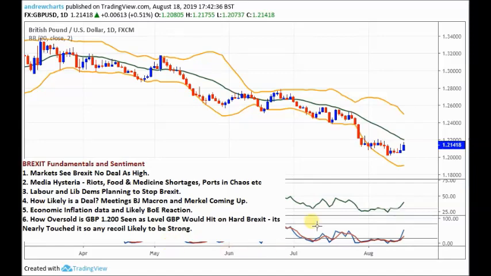Now, in terms of the chart, what we know is when we fell through 124, speculators sold heavily here. They also sold heavily here. We can see that from the COT net traders positions, which show speculators having a really big net short position. Commercial smart money has come in to buy sterling in recent weeks.